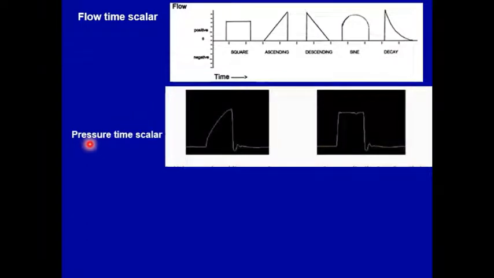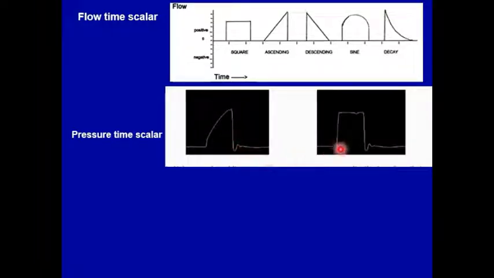This is the pressure time scalar, where pressure is along the y-axis and time is along the x-axis. Here you can see in case of volume control ventilation, the constant flow waveform. Because of this constant flow, there is a continuous, exponential rise in pressure, and then it decreases.